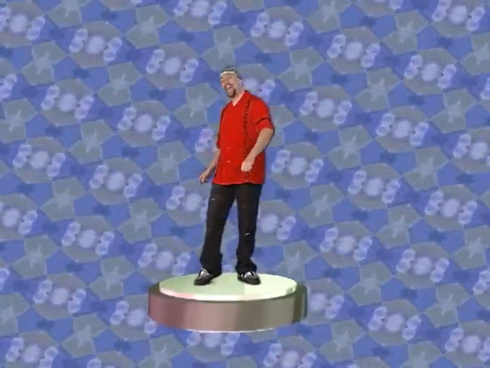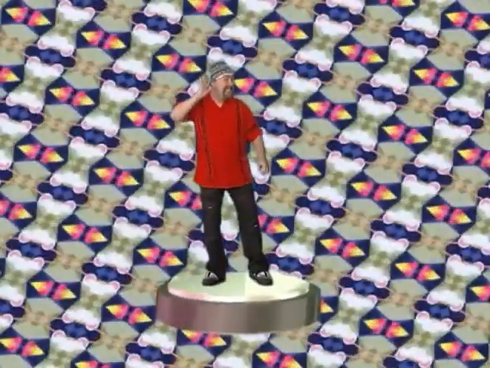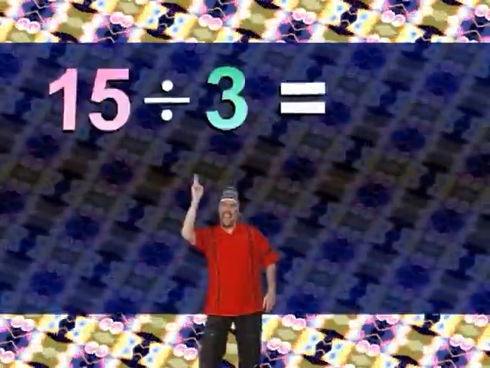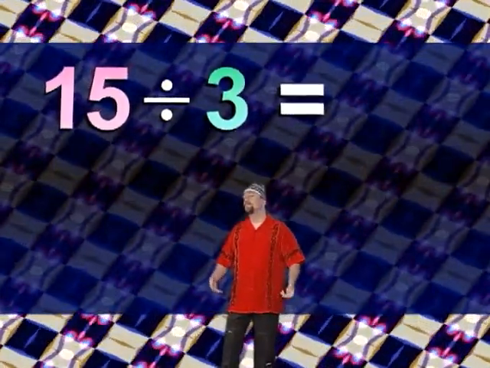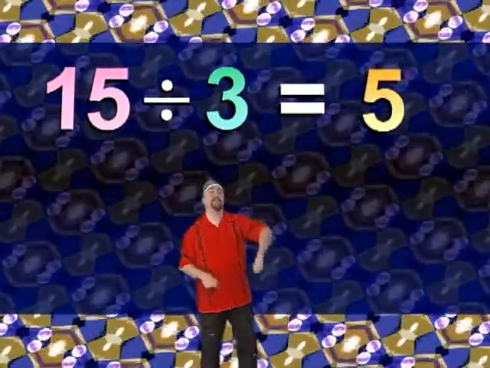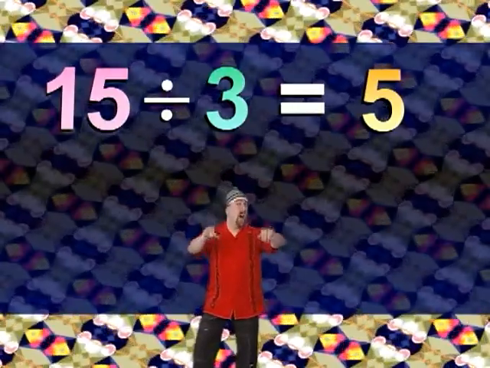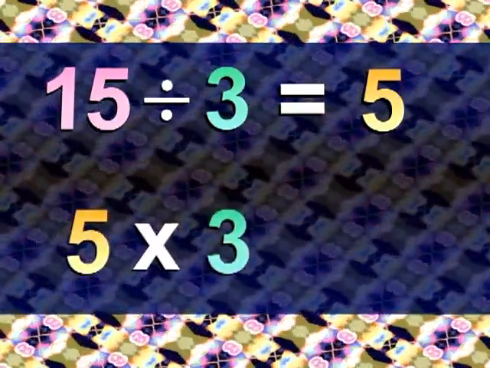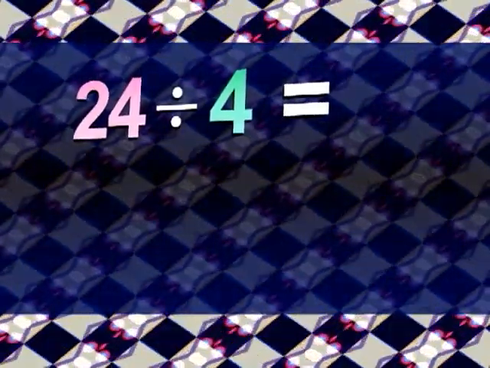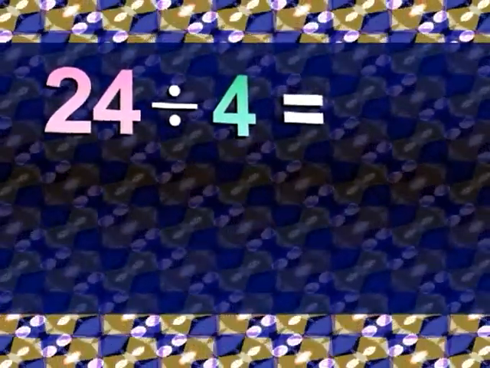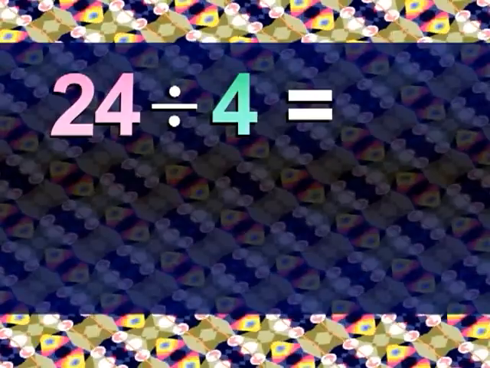Oh, yeah. Listen. 15 divided by 3 is 5. Because 5 times 3 is 15. 24 divided by 4 is 6.